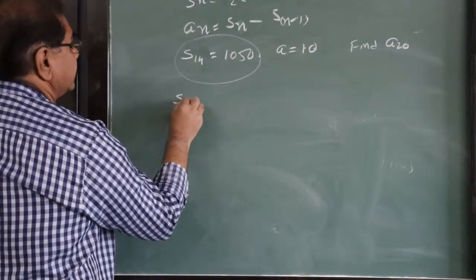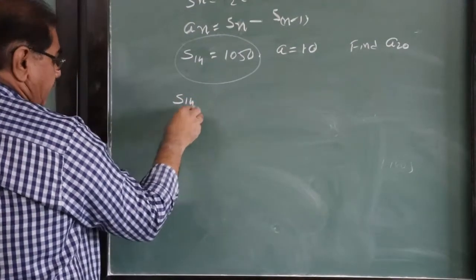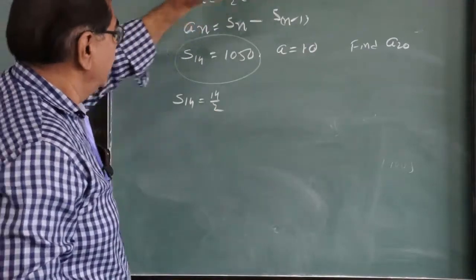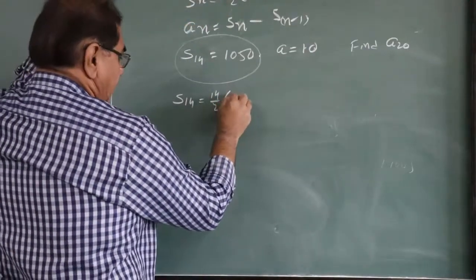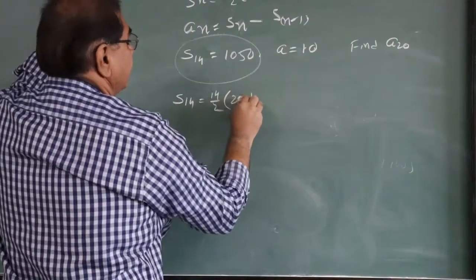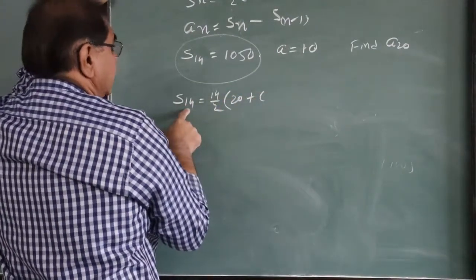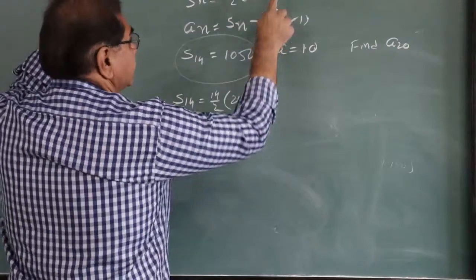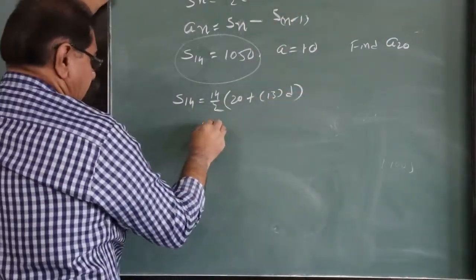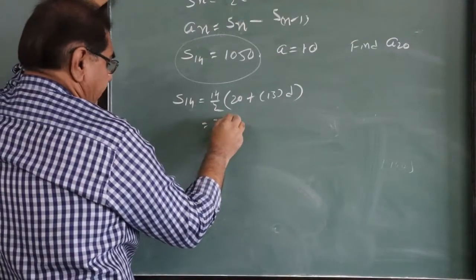S14 is equal to 14 by 2 as per the formula, 14 by 2 into bracket 2 times A. So 10 2s are 20 plus 14 minus 1, 13, and D the difference. 14 upon 2 is 7.